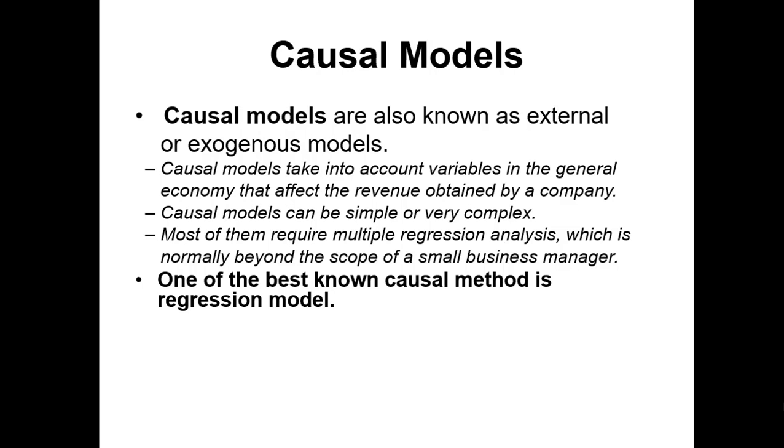Exogenous means something occurs from the outside. For example, the demand of a specific product increases. This demand is from outside, not from inside. So causal models take into account variables in the general economy that affect the revenue obtained by a company.